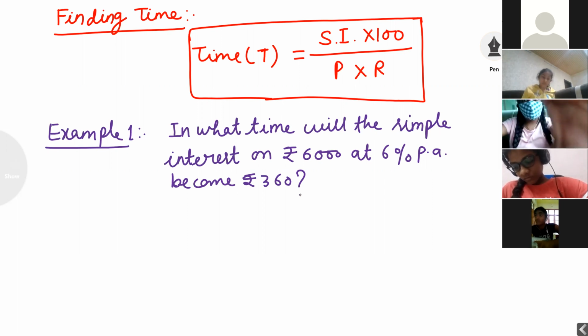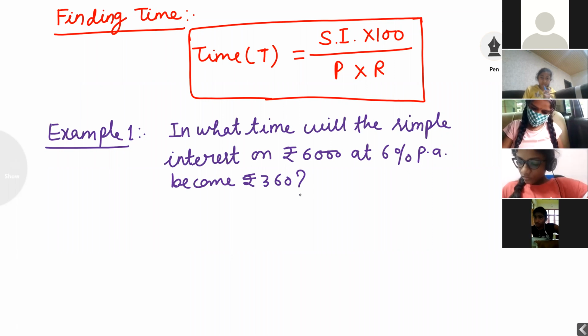Now students will get doubt, sir, in what time there are two money amounts. First money is 6,000 rupees. Second money is 360 rupees. How to identify which is the principal, which is the simple interest? If they have mentioned in the question, okay. If they have not mentioned in the question, then how to identify?